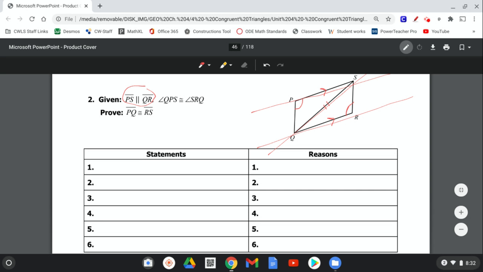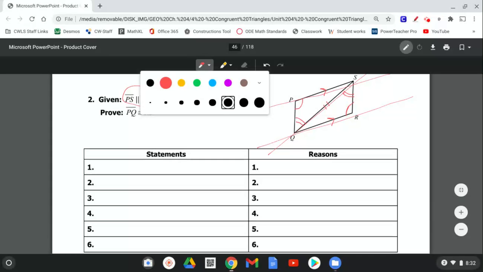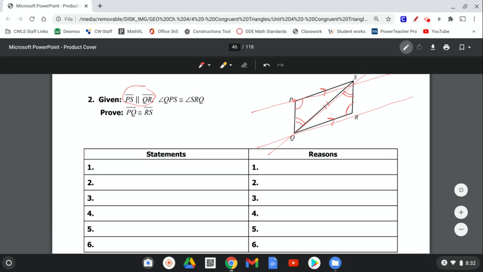So if we say that this angle is congruent to this angle, then we know that if we kind of trace along the side here, if we start here, we go from an angle to a side. So the congruence theorem is going to be angle, angle, side. All right. So now we can start filling in the proof.